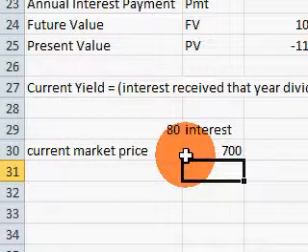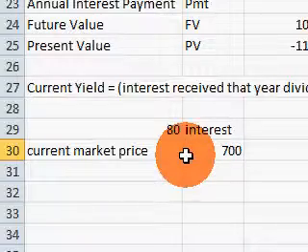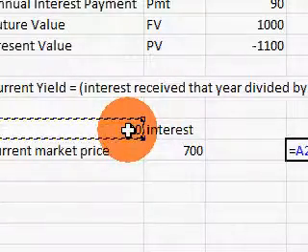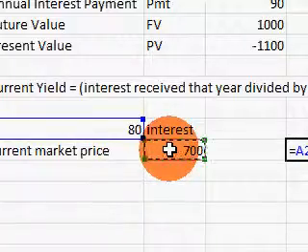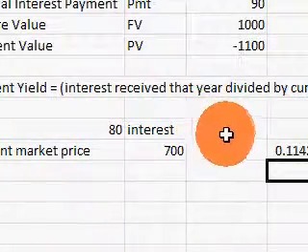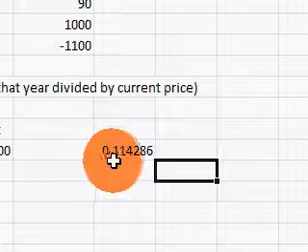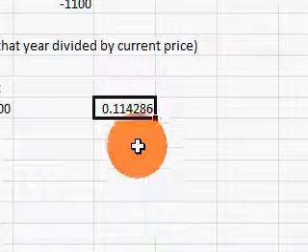Okay, so if I were to take the 80 bucks divided by that $700, we get about 11.43% rounded up as the current yield.